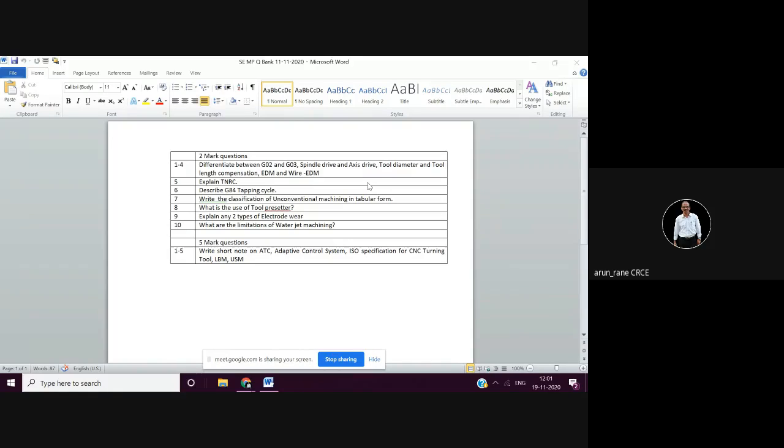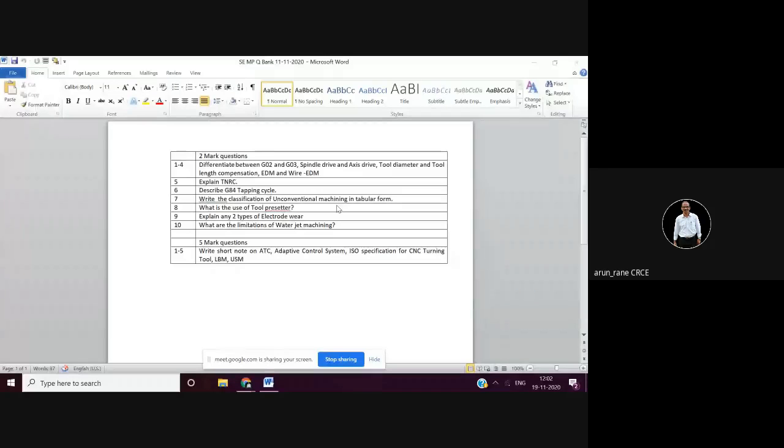Machining time is saved, the machine doesn't remain idle, and your productivity is increased. Of course, a tool presetter doesn't come free, but it is available at some nominal cost, a few thousands, around 10,000. And it is worth investing in a tool presetter because it is going to save you a lot of time.